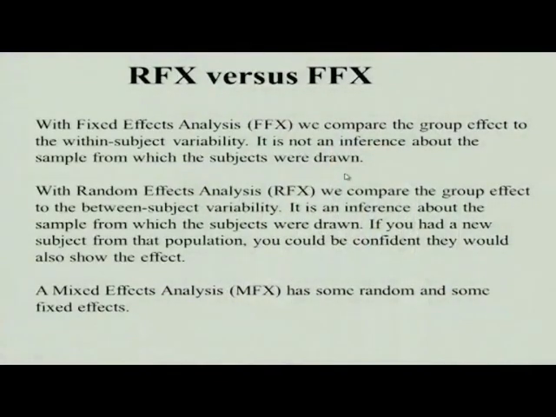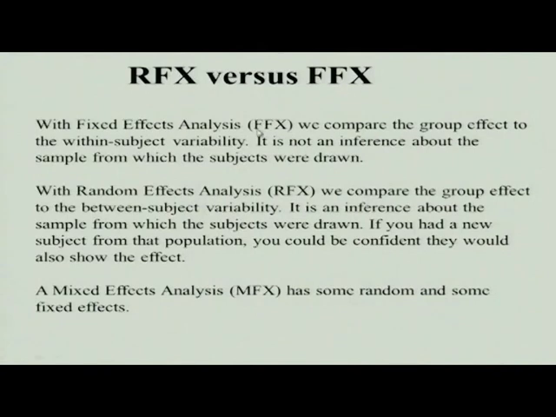Whereas with random effects, it does look at the between subject variability, so that if you were to scan a new subject, then you could be confident that they would also have the same effect. So that's fixed versus random effects analysis.